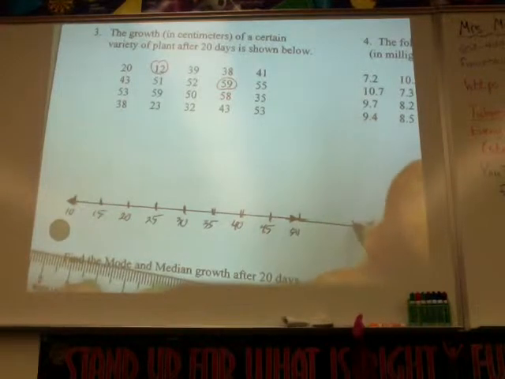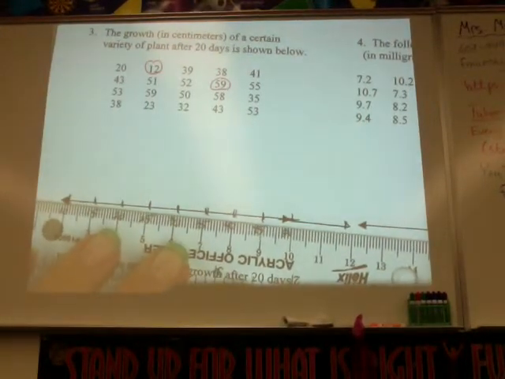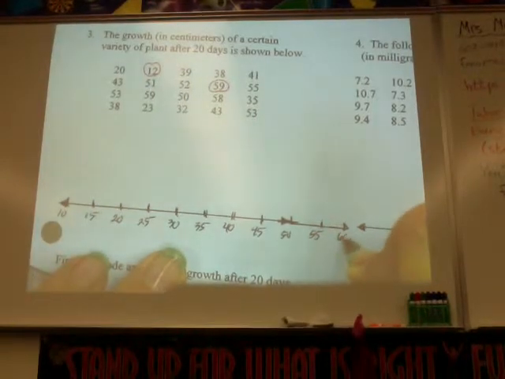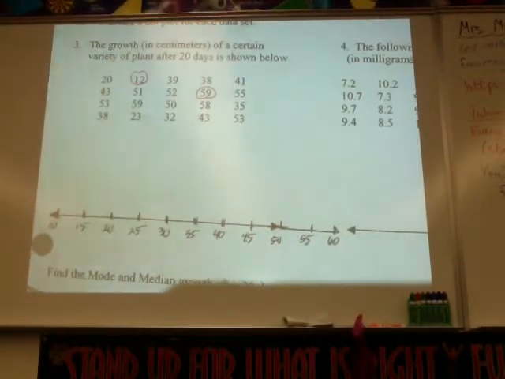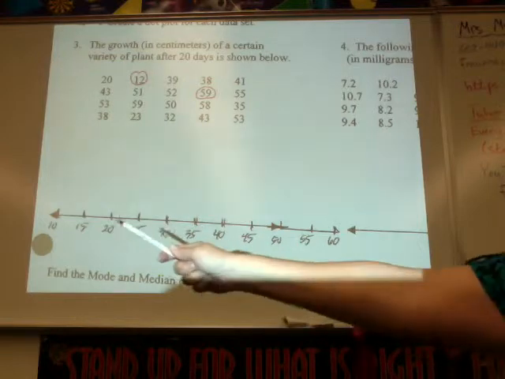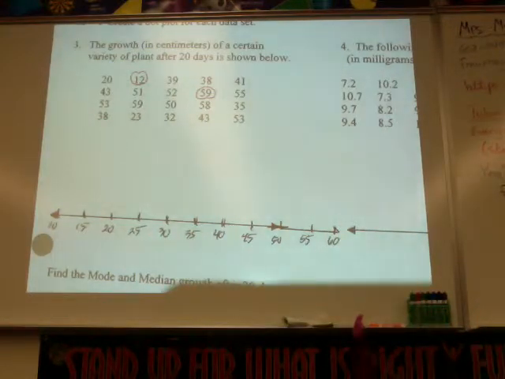To here? So 55 and then 60. Will that work? Right? We can get all our numbers in there. Not only do I have to have a title for this plot, I also have to label what those numbers under there mean. So let's just start with our title. What is this data going to represent?